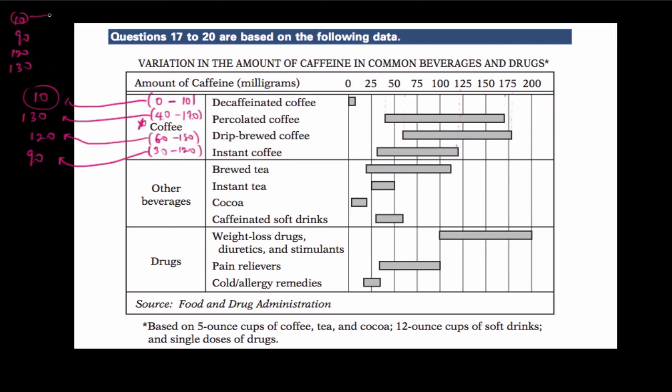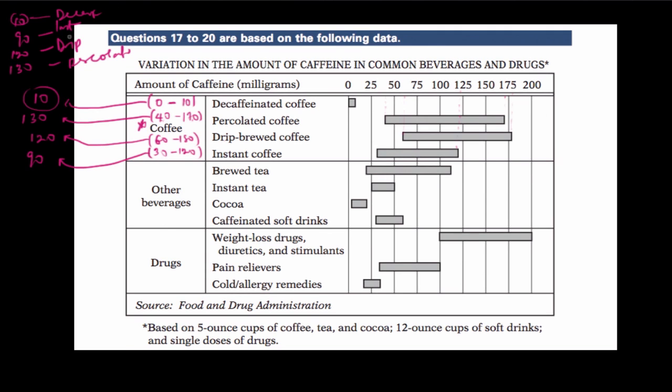So the first should be the decaffeinated coffee, the decaf. Then 90 is instant coffee, then 120 is the drip brewed, and then 130 is the percolated coffee.